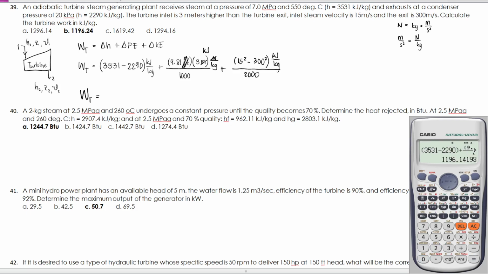So that is 1196.14 in kilojoules per kilogram. Hindi man saktong-sakto sa ating choices, pero isang digit lang naman ang naiba. Okay? So yun pa rin naman ang katulad dito sa ating choices na to. So letter B, 1196.24 or 1196.14 kilojoules per kilogram.